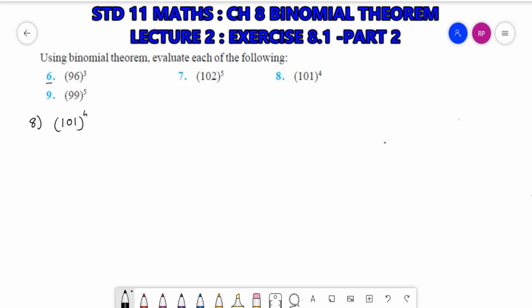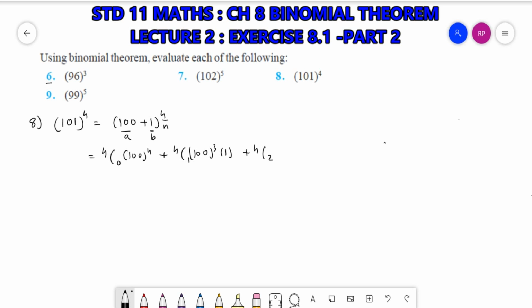101 whole raised to 4. So I can write it down as 100 plus 1 whole raised to 4. So a is 100, b is 1, and n is 4. First, 4C0, a raised to 4. Now b raised to, means 1 raised to whatever power, it will always be 1. Plus 4C1, 100 cube, 1.